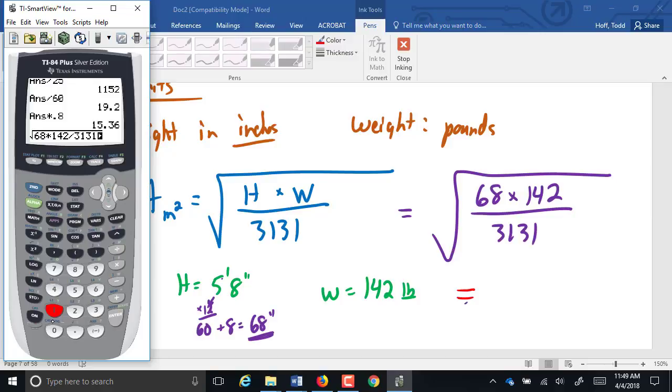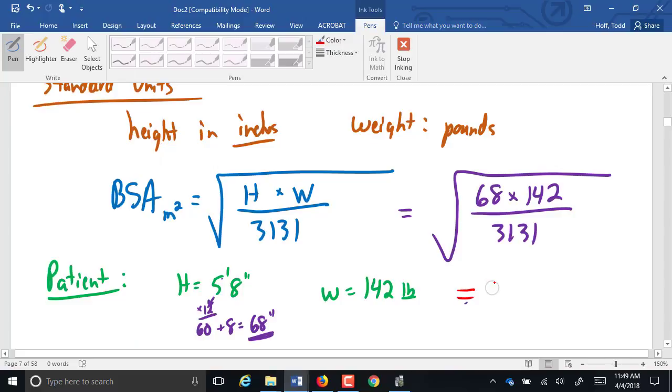Notice you can put that in all as one line like that. We don't need parentheses in there. Again, if you don't have the big bar of the square root going over all the numbers, you'd have to close the parentheses there. It equals, and we get 1.756 square meters. Usually we're going to round to the nearest hundredth. So 1.75 square meters is the body surface area for that patient.